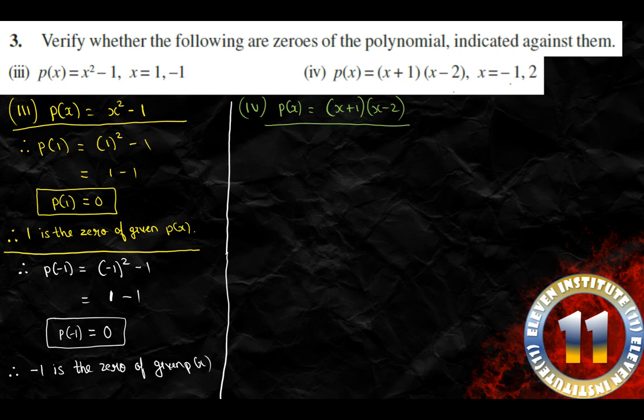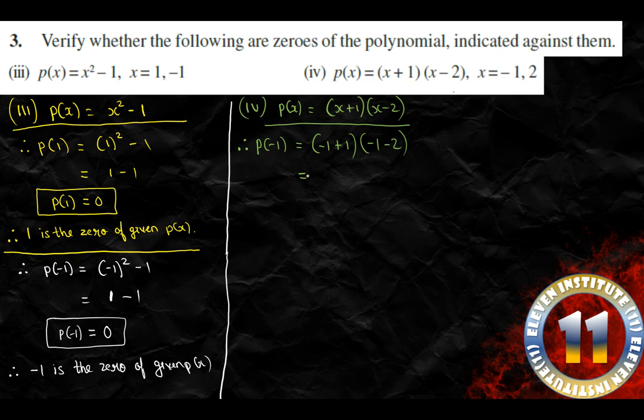Now let us take x is equal to minus 1, so we can write therefore p of minus 1 is equal to, wherever we see x we will input minus 1, so we can write minus 1 plus 1, and here we can write minus 1 minus 2. See, instead of x we have written minus 1, rest it is as it is.